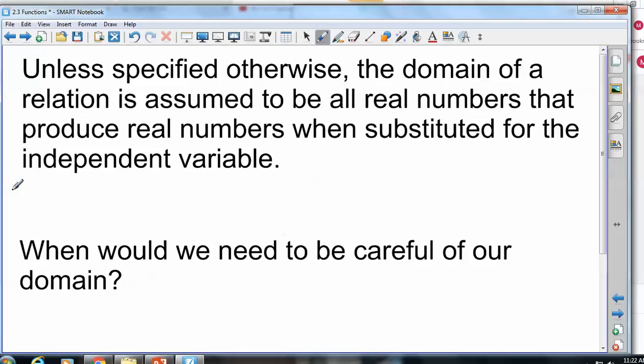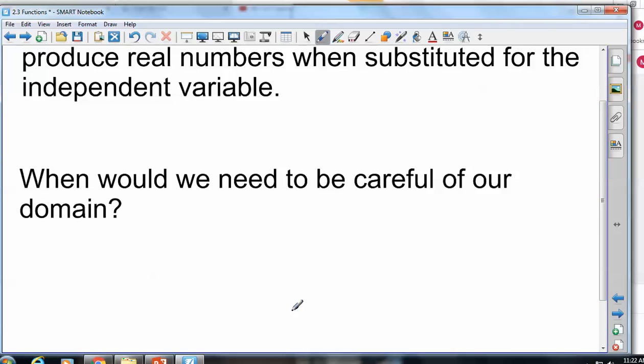In general, if we're just looking at relations, we're going to assume our domain is everything that will give us a real answer when we plug it in. So unless I tell you otherwise, that's our assumption. So my question is, what kinds of things would give you unreal answers? What kinds of things, when you plug them into your calculator, does it say domain error?